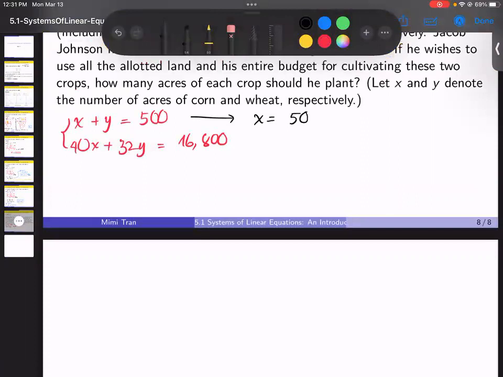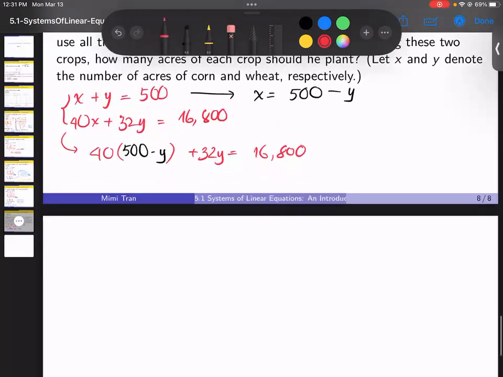X equals 500 minus Y, and substitute into the second one. 40 times (500 minus Y) plus 32Y equals 16,800. 40 times 500 is 20,000 minus 40Y plus 32Y equals 16,800.